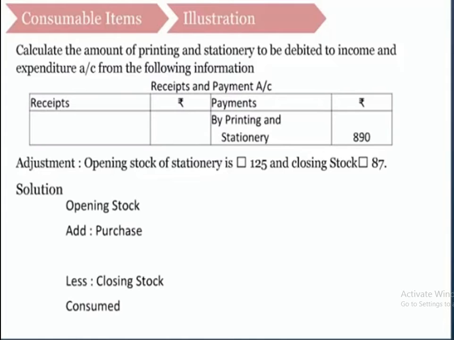Opening stock, add purchase, less closing stock, and the answer is the amount consumed, the amount showing consumable items. The statement says opening, add purchase, less closing is equal to consumed.